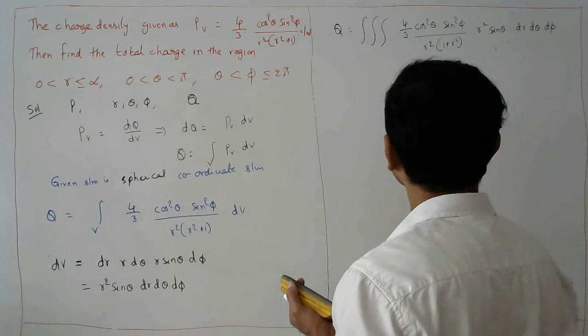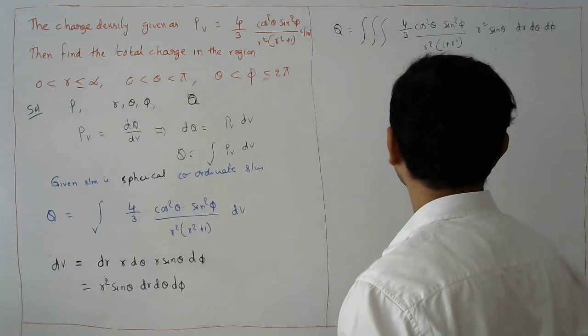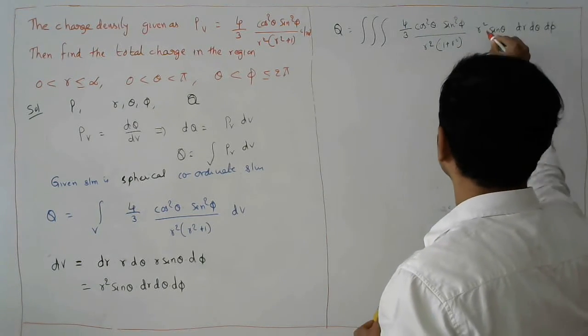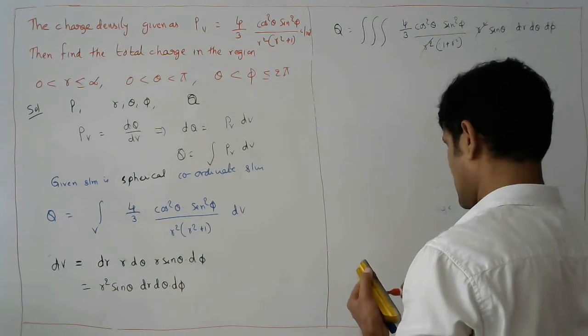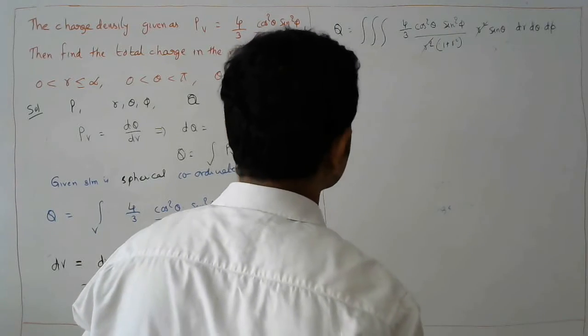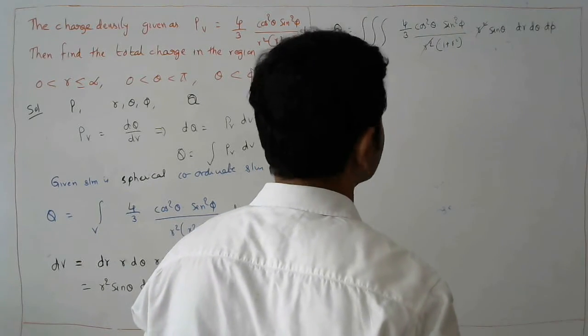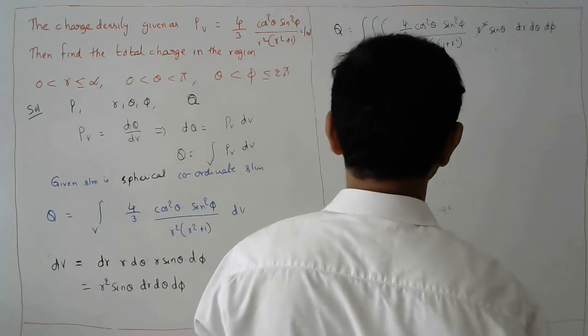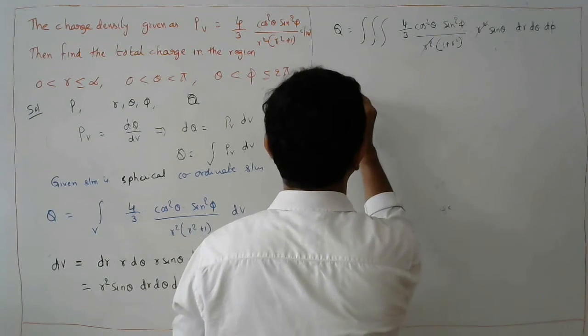See here, r square can cancel out. Now we write separate integrations for each axis because ranges are given.